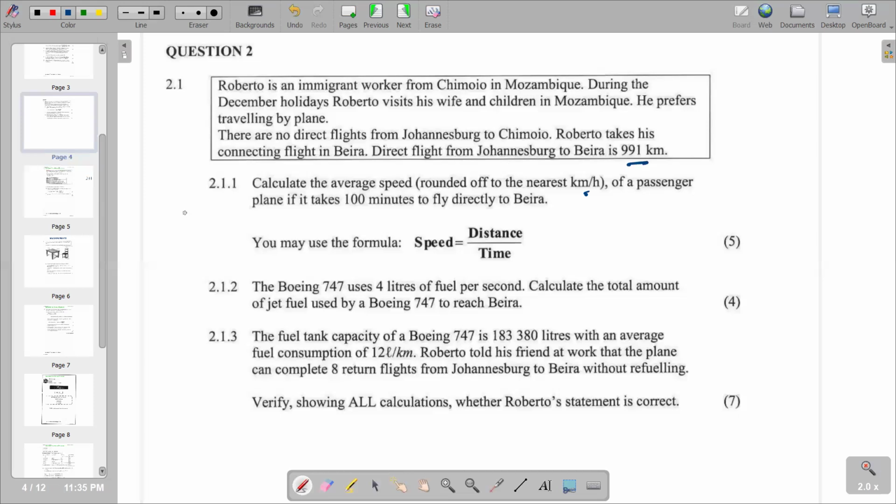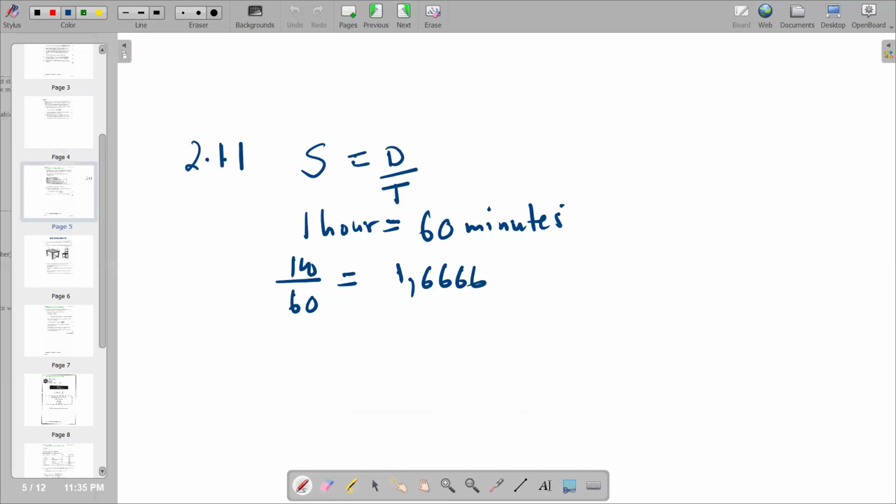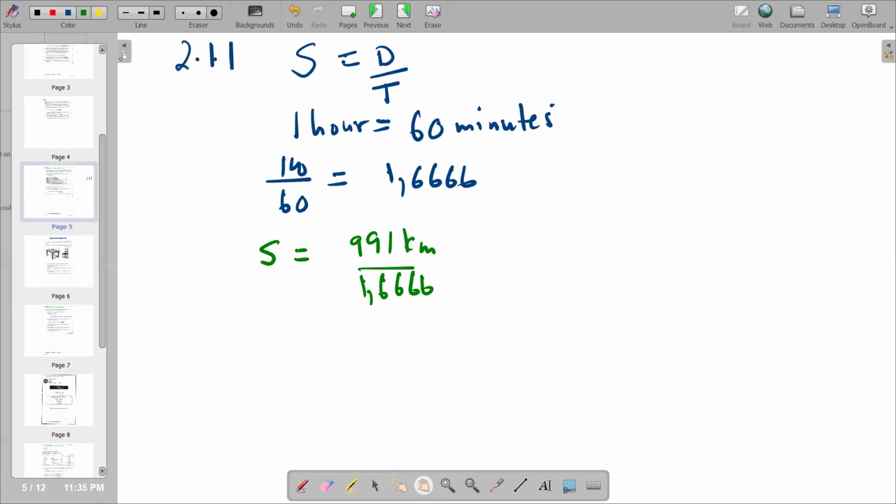So speed is equal to our distance we have identified, 991 kilometers, and then we divide by 1.666, so that we can find our speed.